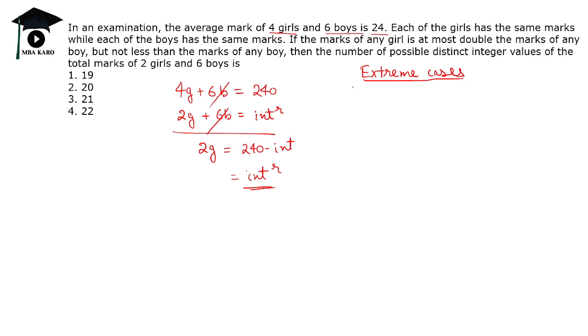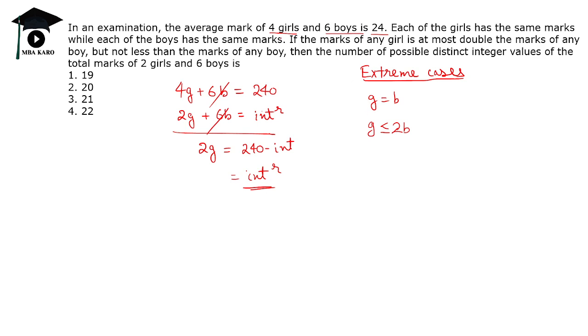So one case is that girls equal to boys, and the highest case is girls is less than or equal to 2 times boys. So these are the two cases that we need to do. We need to find the maximum value of girls such that it is at most double that of boys. So that's what we will do.